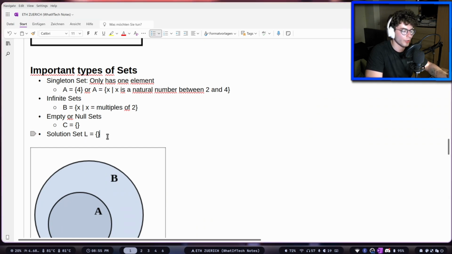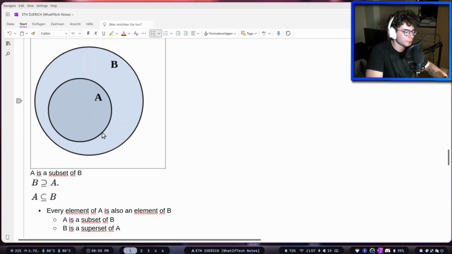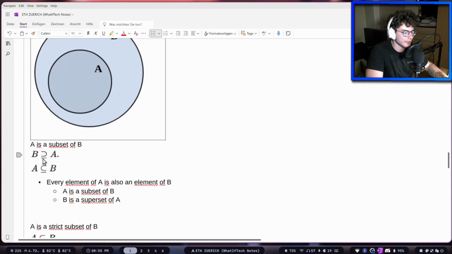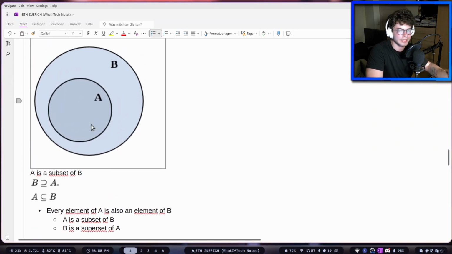And the most important set for the entrance exam or any exam you will take in mathematics is the solution set. In this set you write the solution of your calculations. Other forms of sets are a subset and a strict subset. So a subset is a set that has the exact same elements of another set.